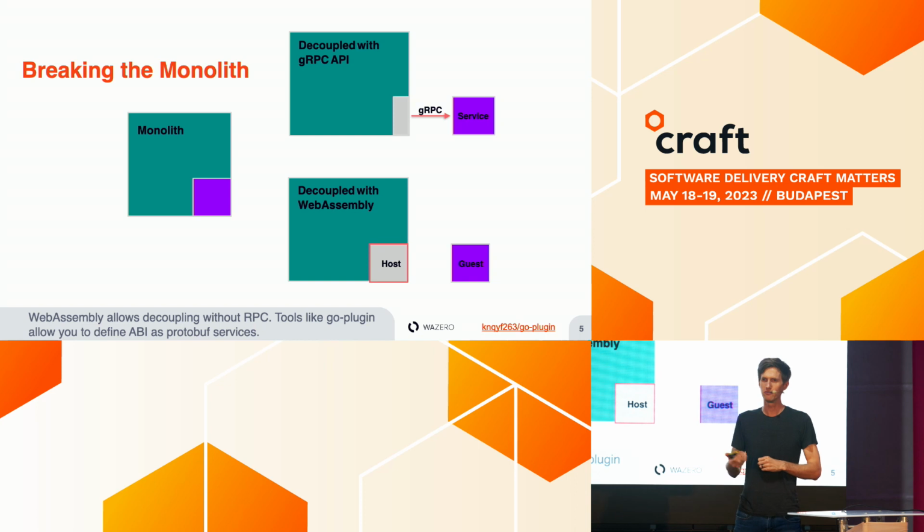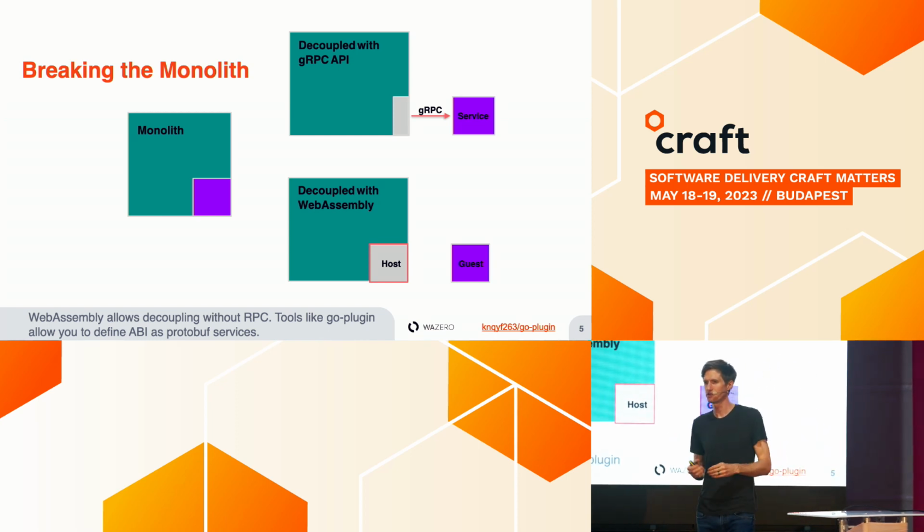A typical way people have been doing that is through services like REST services or gRPC, chunking bits off that either aren't necessary to be in a big build, or for scaling reasons, or whatever they are. And so they end up being separate processes, or sometimes tricksters do things with Unix domain sockets. But anyway, it's not in the same process anymore.